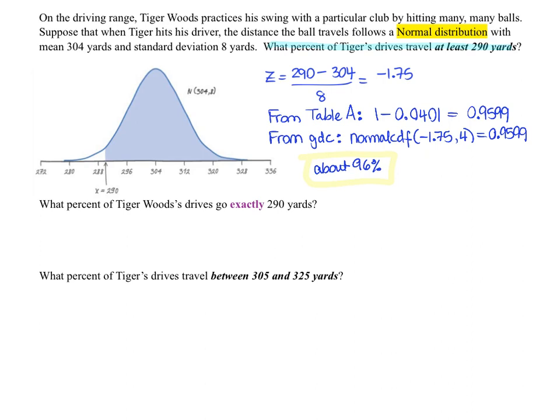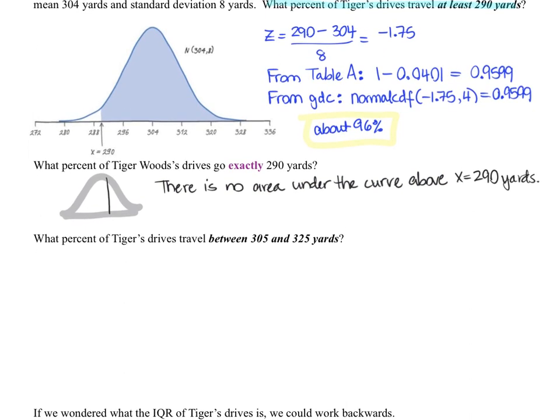And what that translates into is we're never going to be able to determine, with a normal distribution, which is a continuous distribution, the percent or the proportion of exactly a single number. Think of it as when we have area under a curve, what is the area of a single line? And we know a single line has no area. So the answer is we cannot find that.